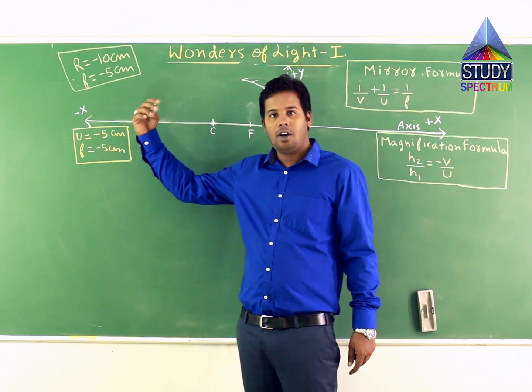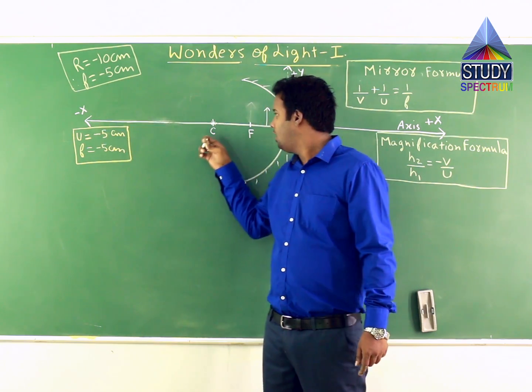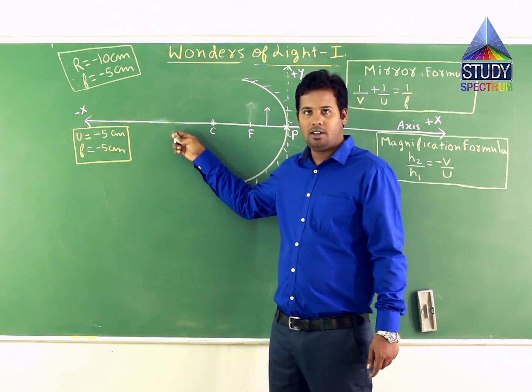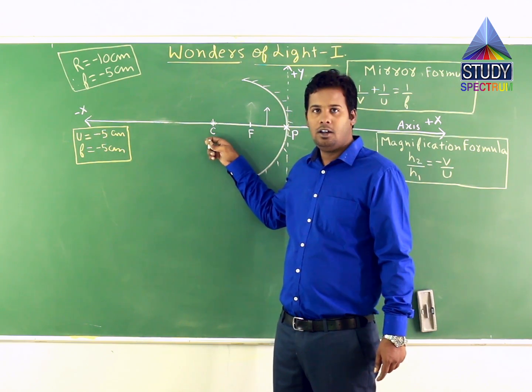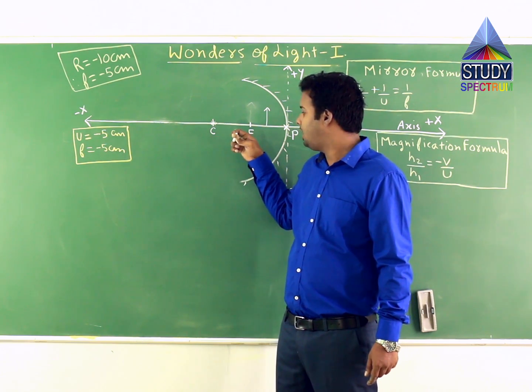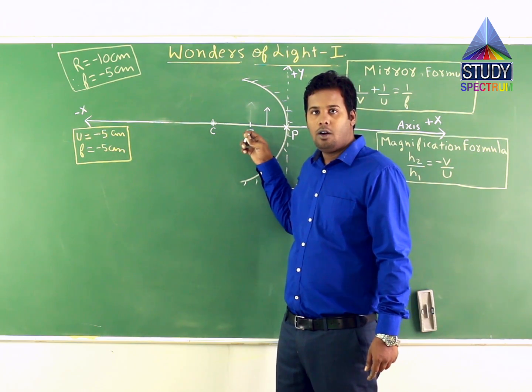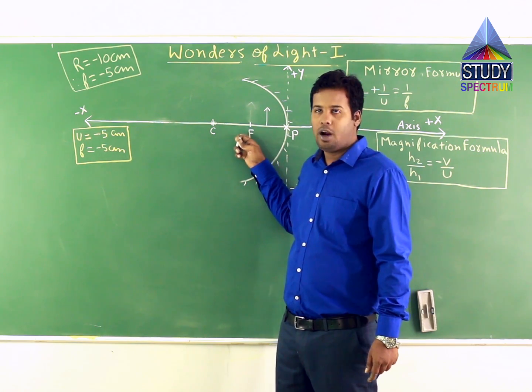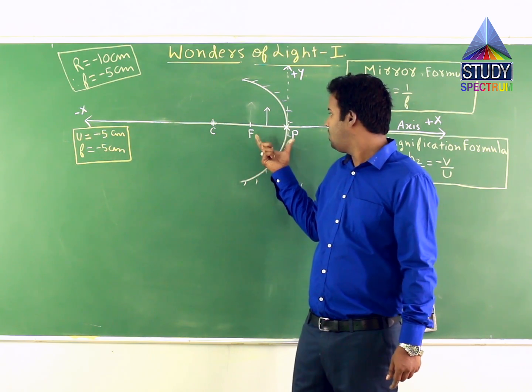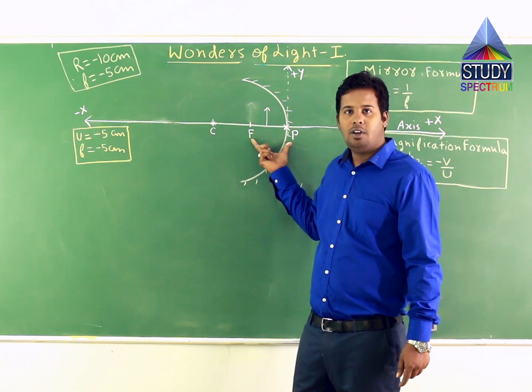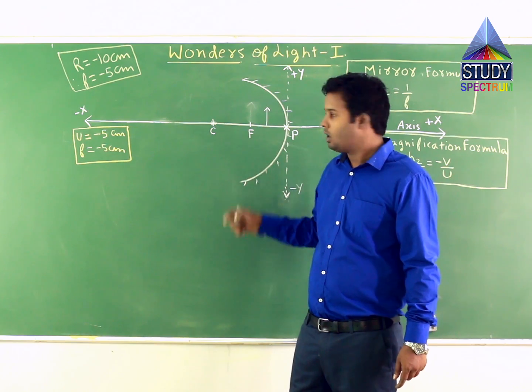How different points? One is the farthest point, that is infinity. One can be just beyond C, the other can be on C, the fourth case can be between C and F, the fifth case which we have just seen, object placed at focus point. So the sixth case becomes object placed between focus point and pole.